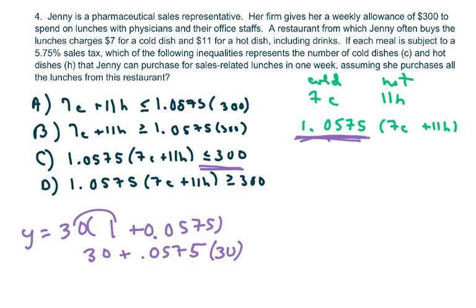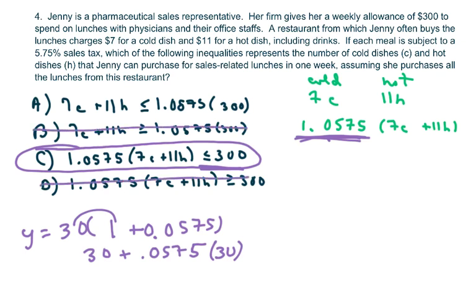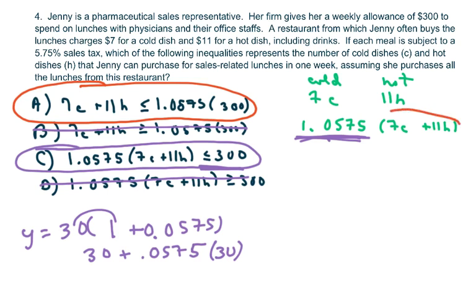So this is our inequality. She can't spend more than that, so these two would go away. This one doesn't make sense because you're not multiplying the sales tax to the weekly allowance. You're multiplying it by the total of food she has to buy, $7 for the cold and $11 for the hot.